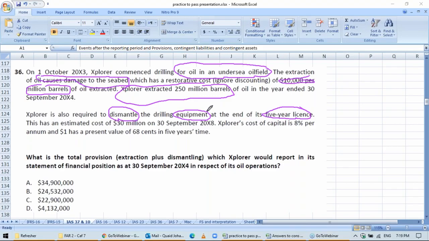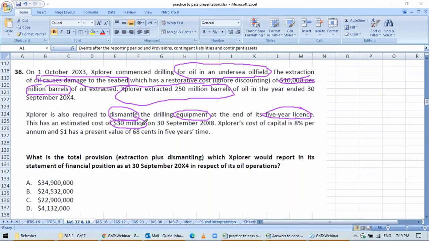So if the payments take a long time, you will have to calculate the present value for those payments. Over here, the 5-year license they have taken, and they have to dismantle at the end of the 5-year license time. Then they will again get a license for the next 5-year period. So you will have to calculate the present value of this 30 million amount, the dismantling cost.